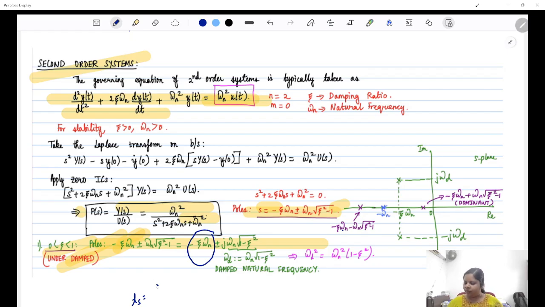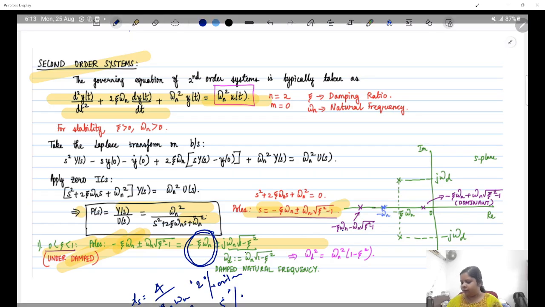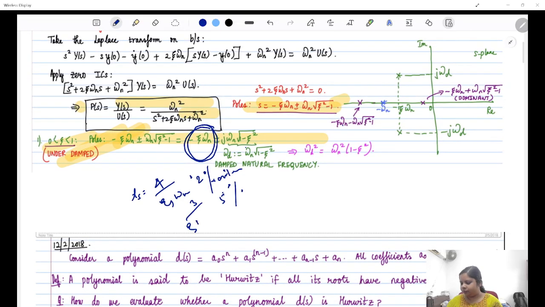Right, it is 4 by zeta omega n. This is for 2% criteria, and for 5% criteria it is 3 by zeta omega n.